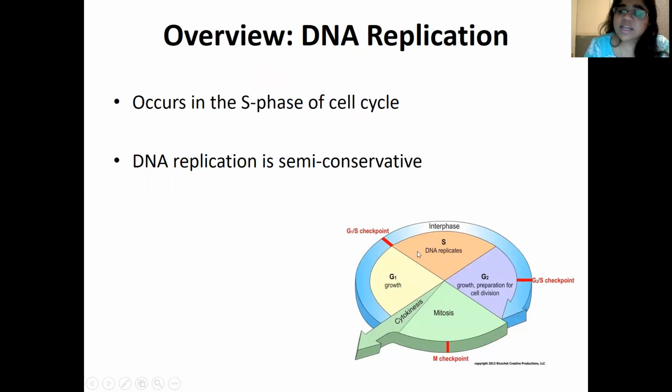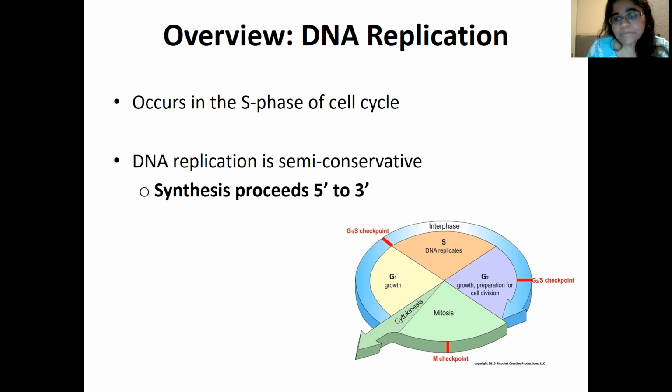As you remember, it is in interphase. There are 3 stages to interphase, G1, S, and G2. And the S phase is where in the cell cycle that it occurs. And synthesis always proceeds from 5' to 3'. So it adds on to the 3' end.